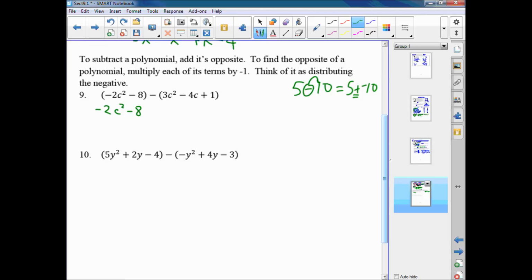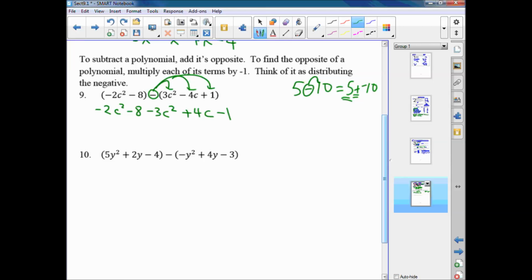Okay, 5 stayed 5. But instead of having subtraction, we're going to do add, and then we're going to distribute this negative to all the stuff inside of here. So this is going to make, instead of plus, it's going to say minus 3c squared, and then negative times subtract will make plus 4c, and a negative times 1 will make negative 1.